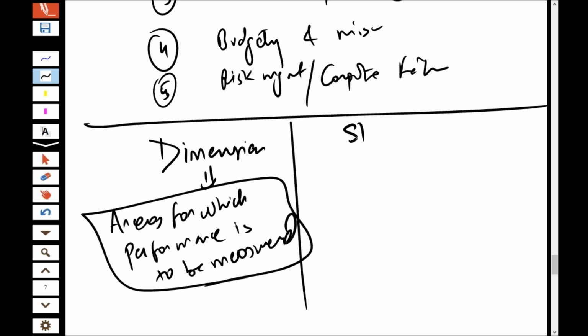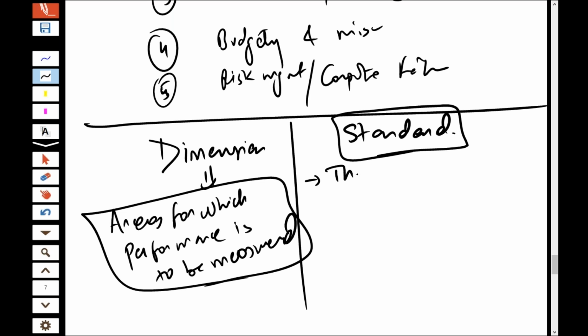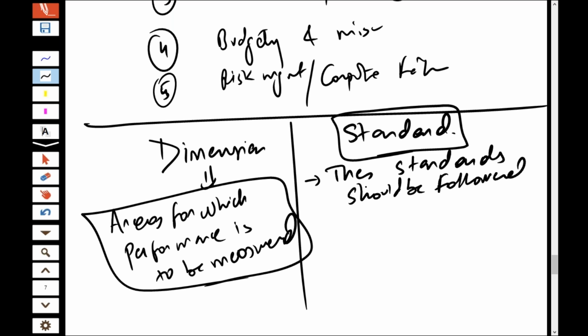Then there is this standards block. What do we have? We've got a standard block. Now, what exactly do you mean by having a standard block? So the standard block actually tells you that these standards should be followed while measuring performance or while setting targets.